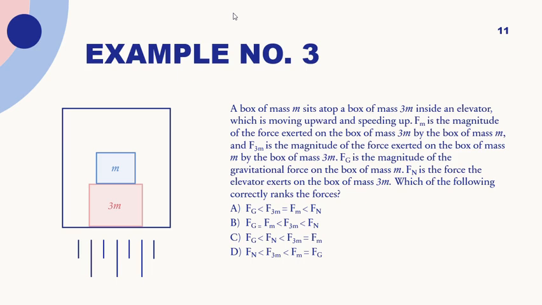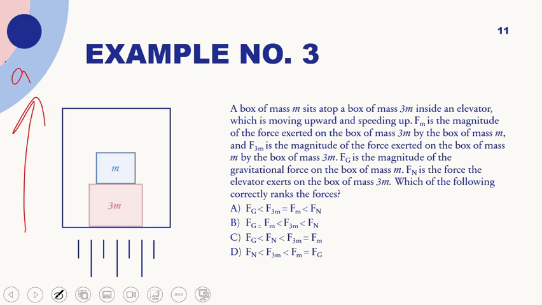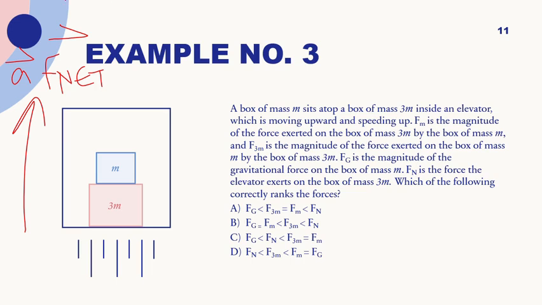So since the system is moving upwards and speeding up, both acceleration and thus the net force must point upward. All the components in the system have to have the same acceleration, and so all their net forces have to point upwards. To solve this problem, we'll draw FBDs of both the boxes.